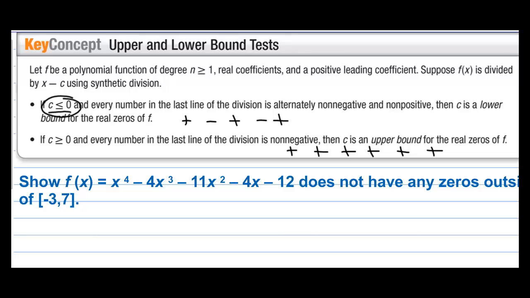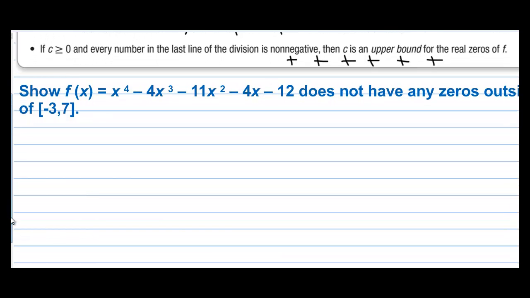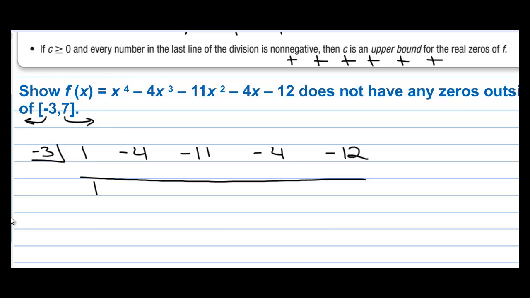Show that f of x equals x to the 4th and so on does not have any zeros outside of negative 3 and 7. So in other words, no zeros lower than negative 3, and no zeros bigger than 7. If we plug negative 3 in, here's what we get. We have coefficients 1, negative 4, negative 11, negative 4, and negative 12. 1, then negative 3 gives negative 7.